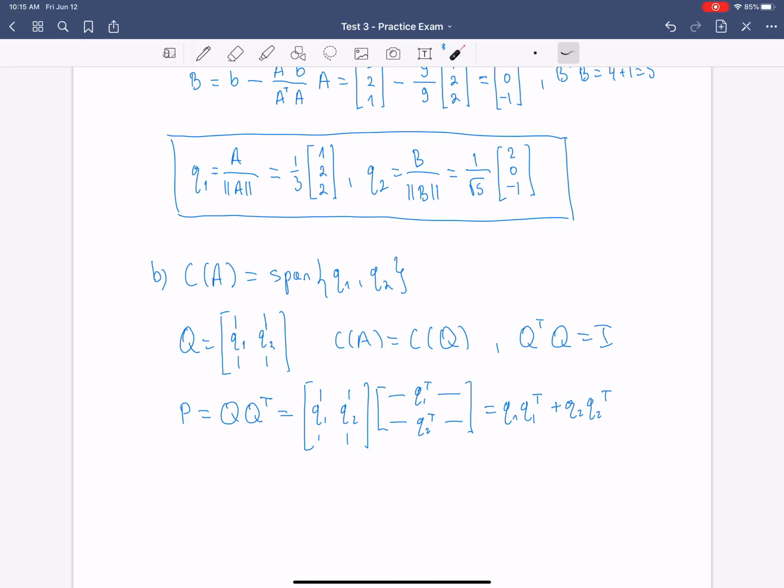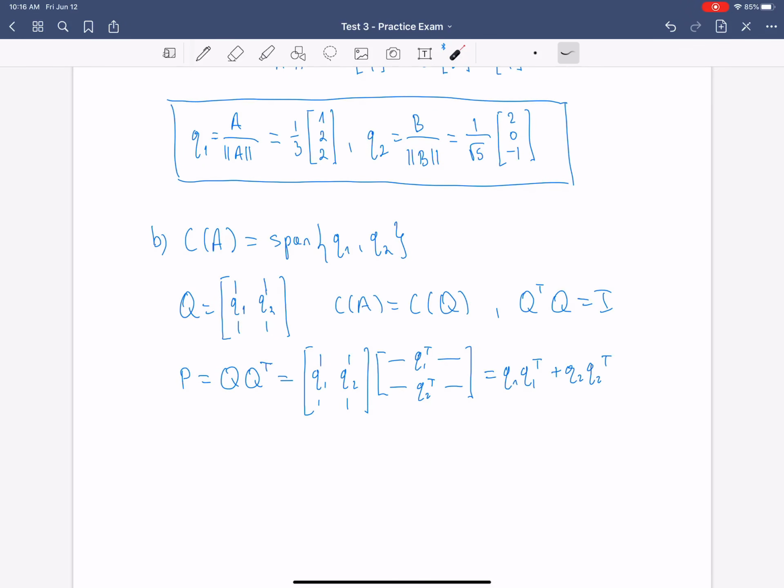If you only gave me this and you didn't carry out any multiplications, it wouldn't be the end of the world. Although, I mean, I would maybe dock down 2 points. So I would give you 8 for this because this is the theory. This is very important. But it's not difficult to compute Q1 times Q1 transpose and Q2 times Q2 transpose. So, okay, let's continue here.